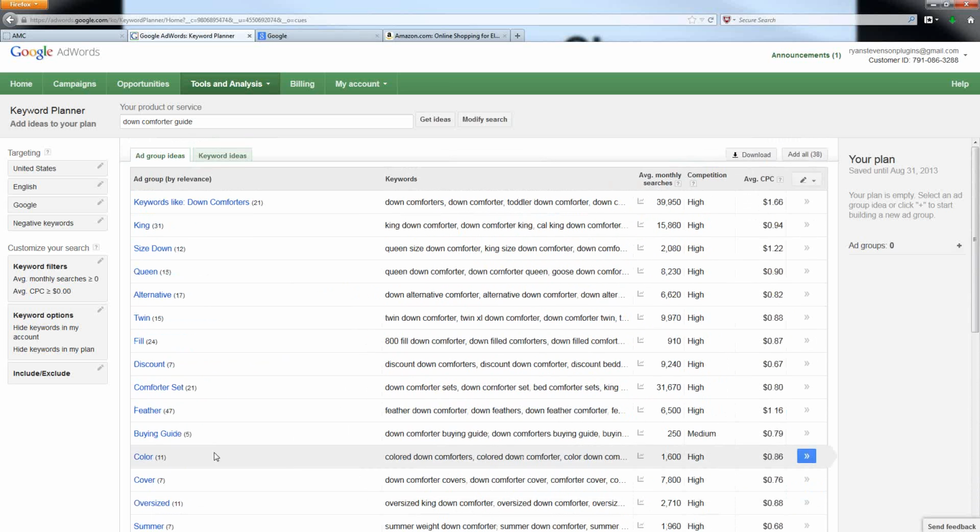So I'll try to think about this in terms of organizing. When you look through this particular list, for example, you see that there is a king, a queen, a twin ad group idea. Obviously, these are all going to be sizes of these down comforters. And then you also have this main category of size down. So instantly, I begin to sort of group these concepts together in my head.